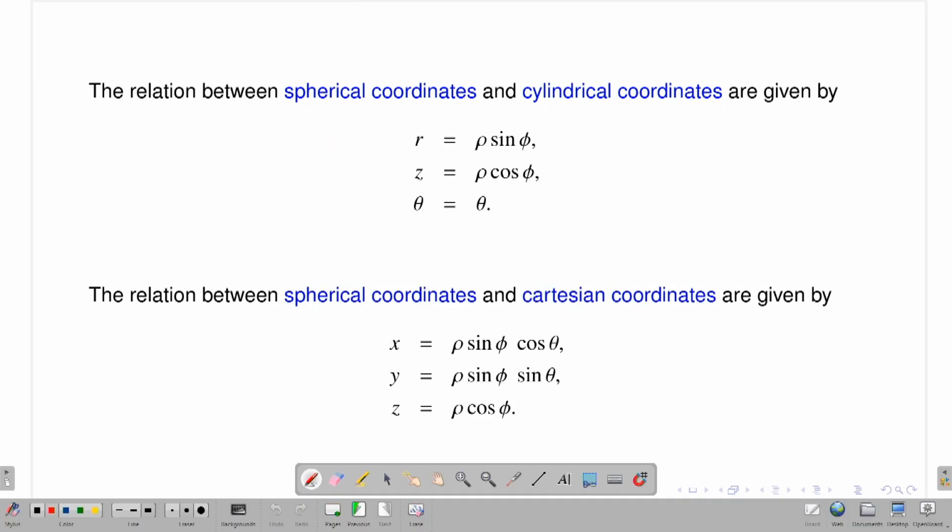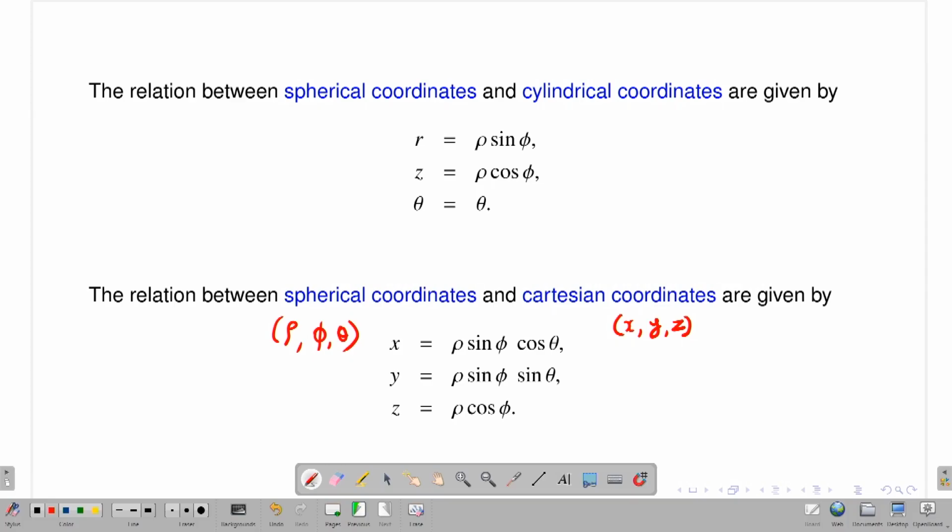Next, we will see the relation between spherical coordinates and Cartesian coordinates. Cartesian coordinates are x, y, z and spherical coordinates are rho, phi and theta.